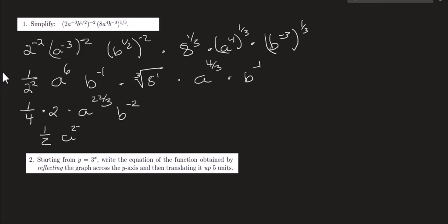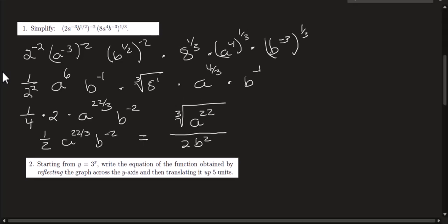A to the 22/3, b to the negative 2. Now that is the same as the third root of a to the 22 over 2b squared, because this 1/2 can be in the denominator as a 2.